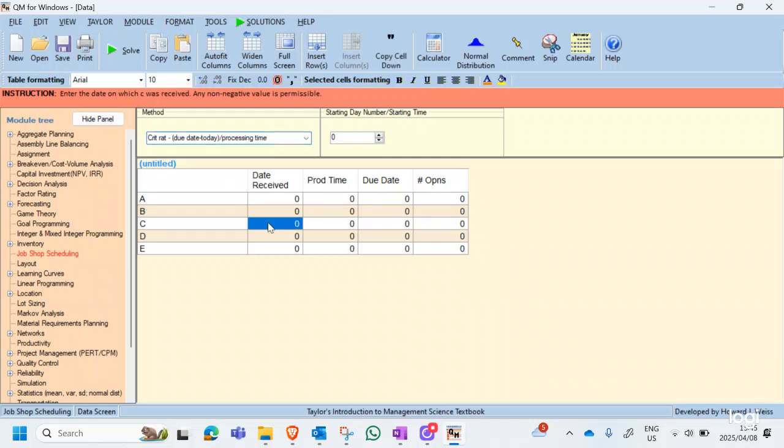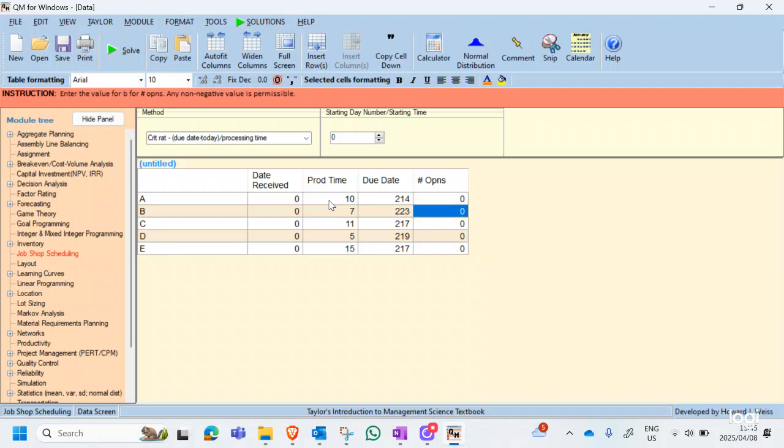So production time originally is 10, followed by 7, followed by 11, followed by 5, followed by 15. Due dates 214, 223, 217, 219, 217.